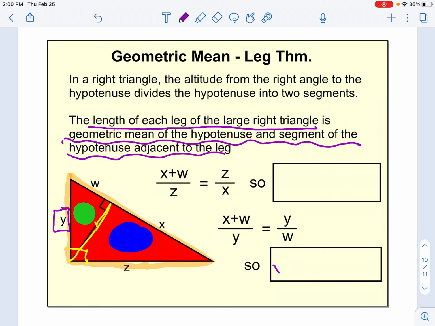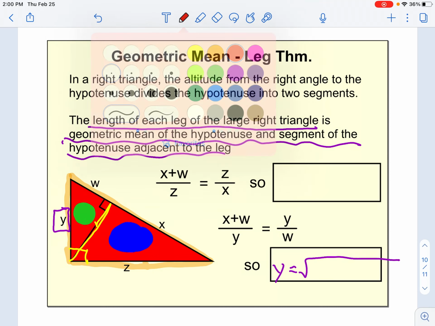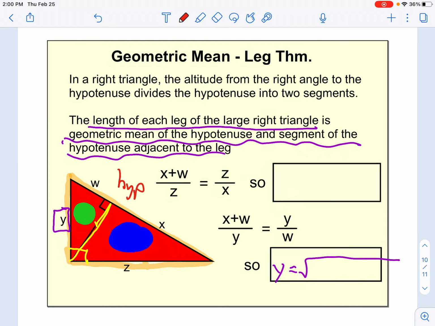So Y right here is the geometric mean of the hypotenuse, that's the hypotenuse of the red triangle. What is the hypotenuse of the red triangle? Well, that is W plus X.